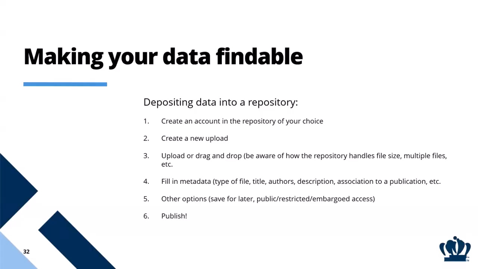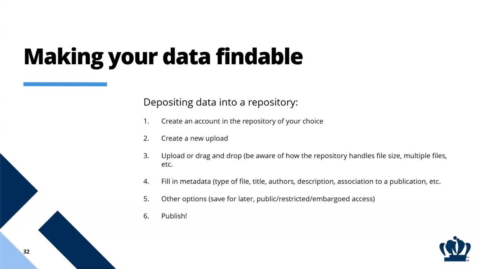Generally, the process is similar between repositories. Everyone's going to have maybe different forms and things like that. But generally, you will be asked to create an account and then create a new upload. You're going to fill in a walkthrough of metadata, so types of files, the title, authors, description, all that sort of thing associated with your data.